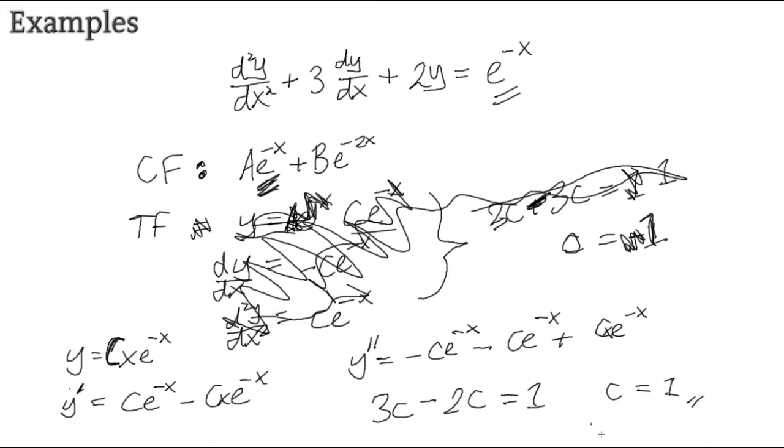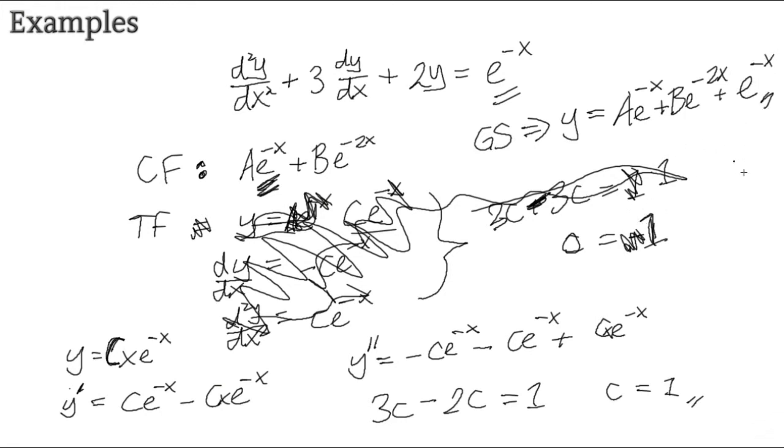So that's fine. We've got the trial function working, and now we can put the particular integral into the complementary function, such that the general solution is y equals a e to the -x plus b e to the minus 2x plus 1 x e to the -x.